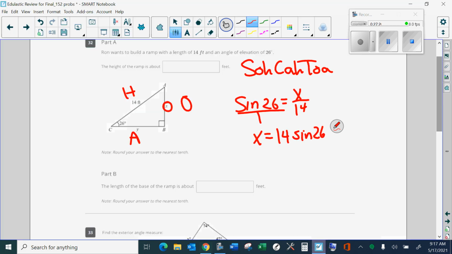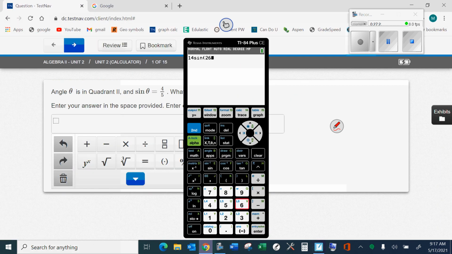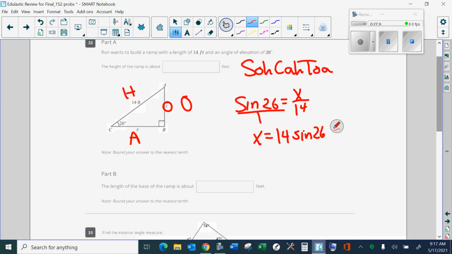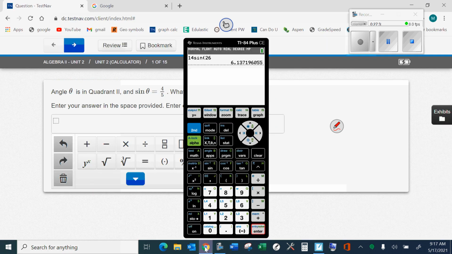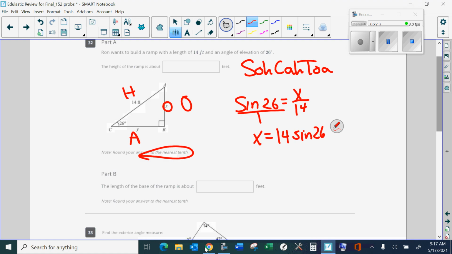Let me check. 14 sine 26, yes. Enter, and what did it say to round to? Rounding to the nearest tenth. Always go back and find it. So nearest tenth is 6.1. If you round incorrectly, you get no point.